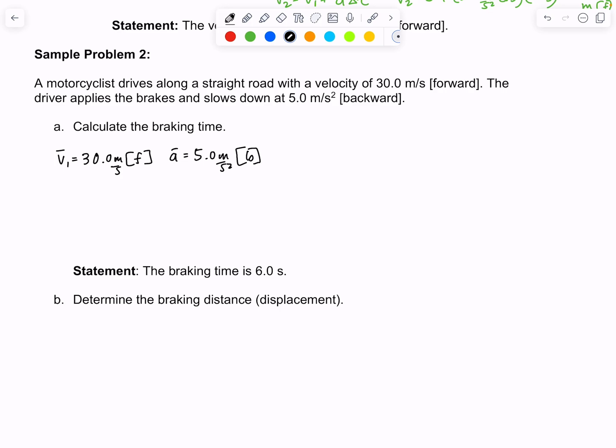And we want to find the braking time. There's another piece of information that is implied in this question. We want to find the time it takes for this object, the motorcycle, to come to rest. We know that when it comes to rest, its final velocity is 0.